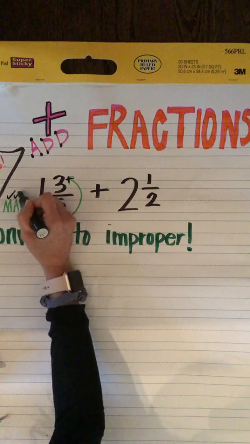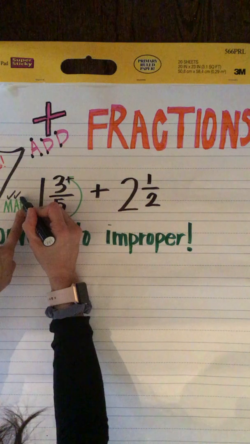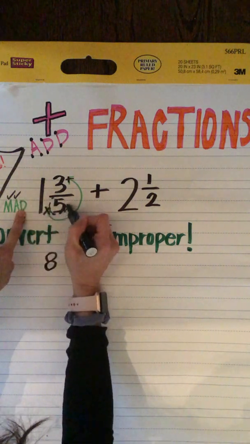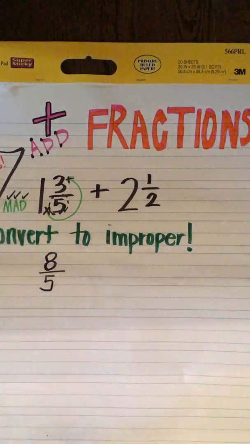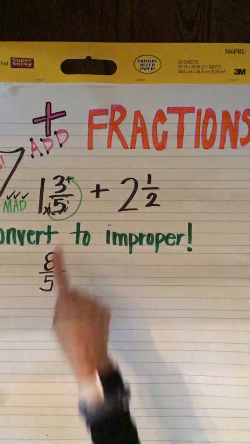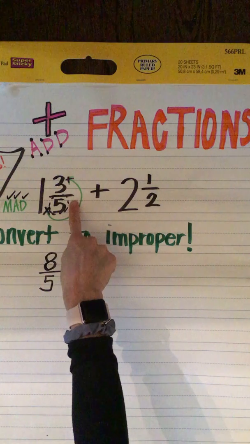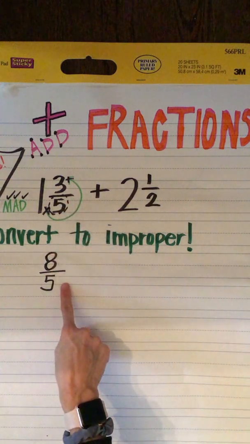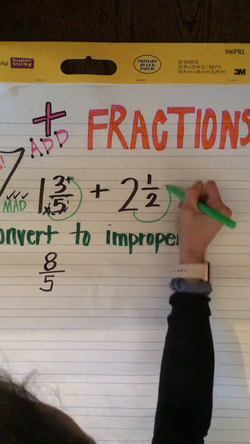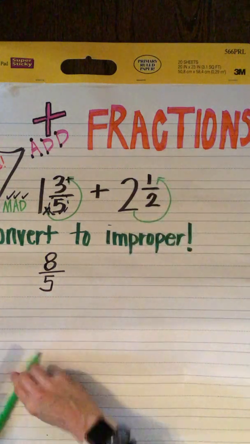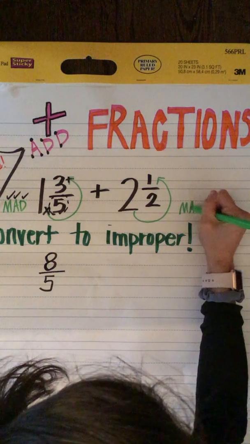So we multiplied, we add, and now we think about the denominator. What was it cut into? It was cut into fifths, so I'm keeping it fifths. Okay, so we converted from a mixed number to an improper fraction. And let's go ahead and do that over here. Swirly. And again, MAD.